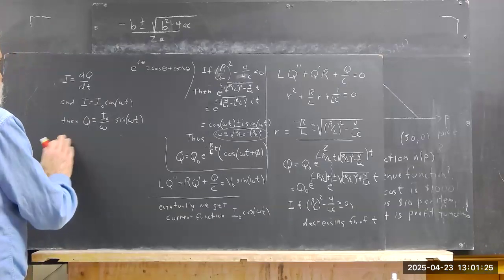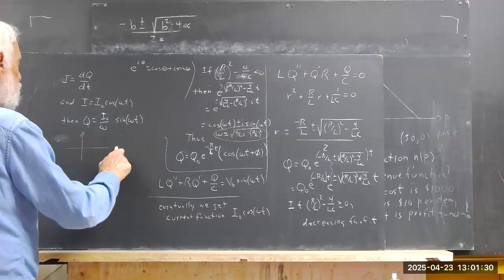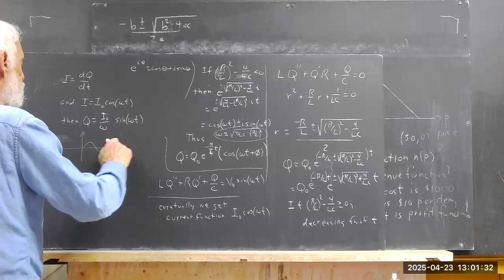We have sine of omega t and cosine of omega t, they look like this.